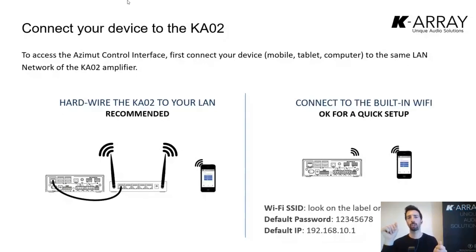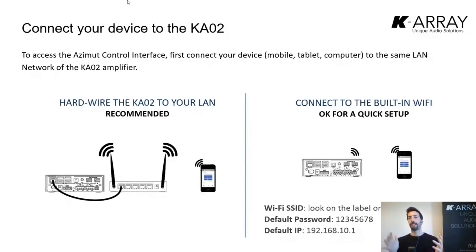So when you switch on the amplifier, it starts generating its own Wi-Fi. And so you can connect your phone or computer directly to the Wi-Fi generated by the K802. Very cool. It's perfect for a quick setup of the amp.